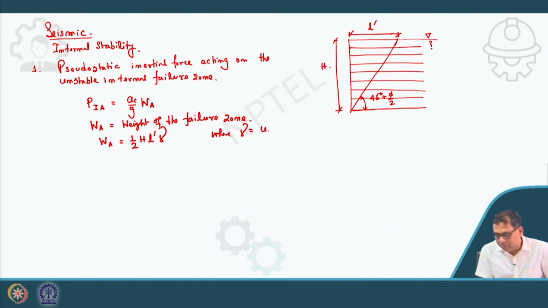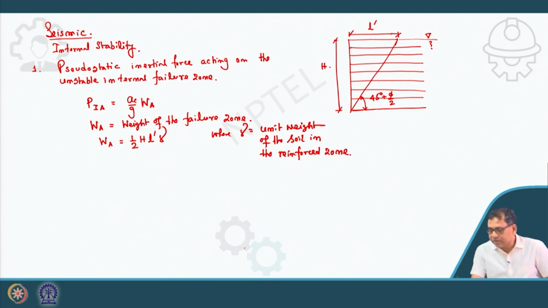where gamma is the unit weight of the soil in the reinforced zone. Okay, because this is the reinforced zone, here it can be gamma R, this is the field zone which is beyond the reinforced zone.